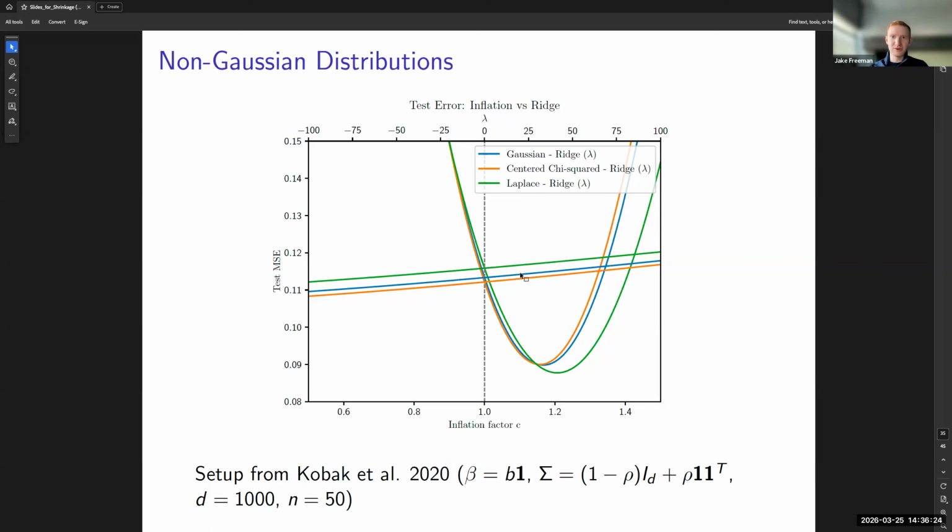All these distributions were normalized to be mean zero, variance one, but for the individual covariates we imposed the covariance matrix on them. One of the interesting things here is that for the Laplace, inflation was significantly more helpful compared to ridge or the chi-squared.